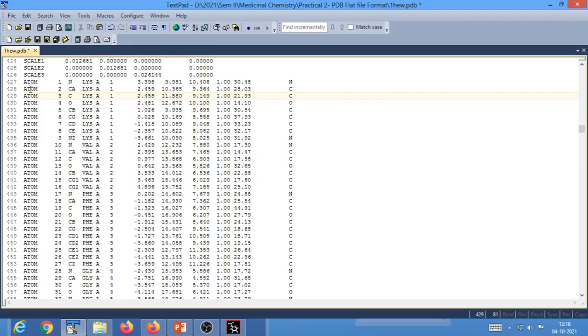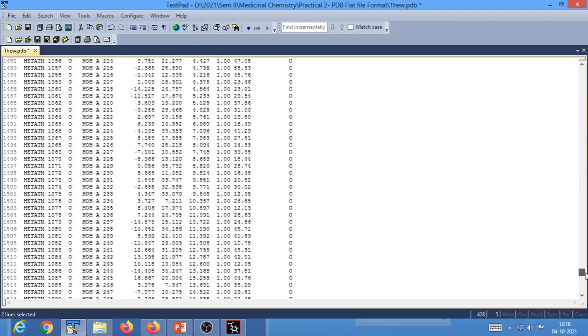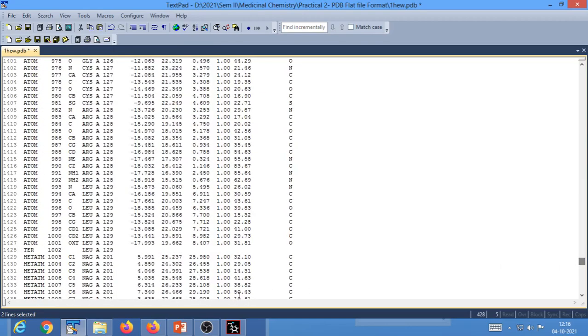Iteratively it reads out all of the atom lines, and when it encounters the termination line, that indicates that the structural information of the protein is over. The line that begins with the keyword TER, which corresponds to termination, we call the termination line.